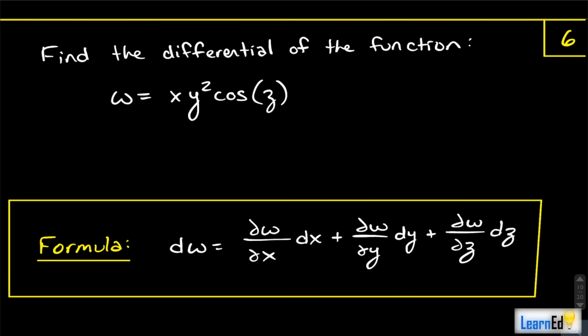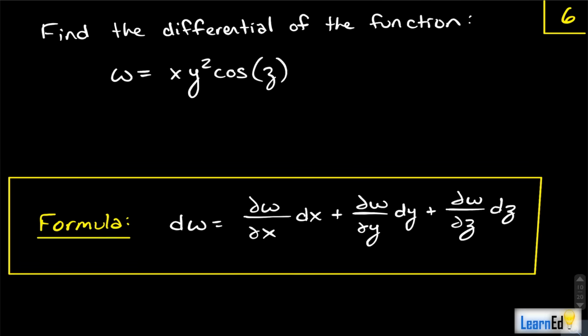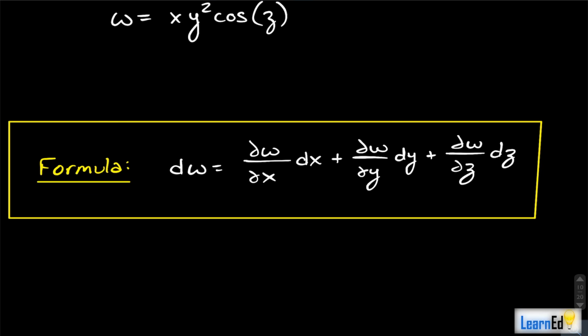Okay, let's get into the problem. This should be a fairly simplistic problem. I just wanted to make sure I go over it because this should be a good takeaway from Calc 3, I think. And let's just find the partial derivatives. We have partial w over partial x equals, well, the y squared cosine z is a constant and the x goes away, so you just have y squared cosine z.